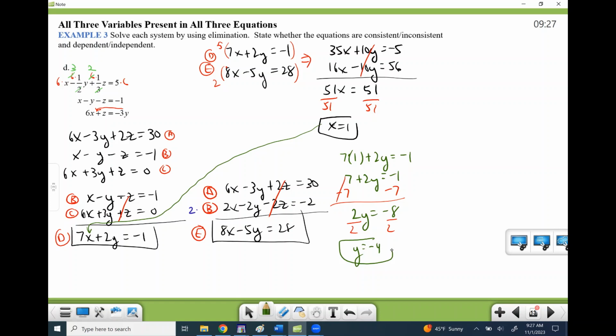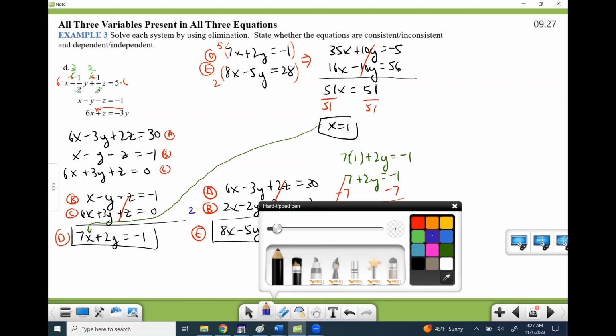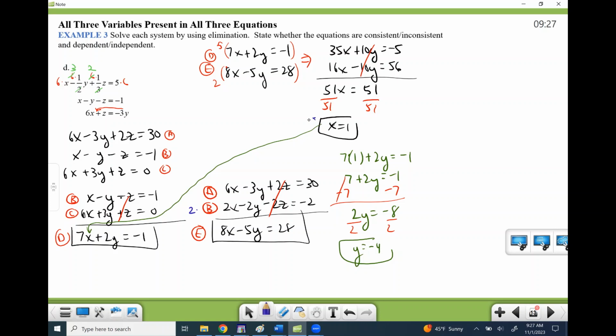And I wouldn't go back to the beginning necessarily because those were kind of ugly. I might go back to one of the equations that we simplified. Okay, so maybe I'll go to C. Let's see here. We'll put the x there, and we'll put the y there, and then we'll just get the z.